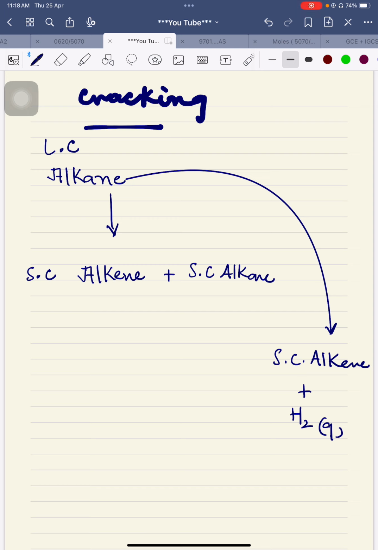Let's suppose C50. If C is 50, then what will be the hydrogens? 50 times 2 is 100 plus 2, 102. C50H102 is the formula, and that is an alkane, as it follows the general formula of alkane, that is CnH2n+2.